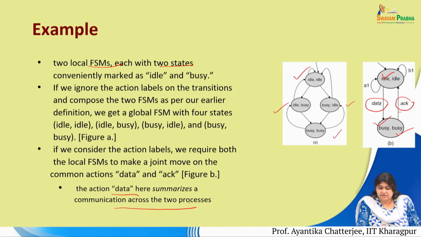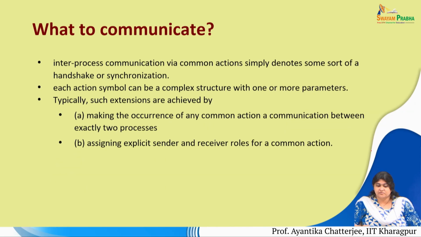So, when this data is coming, from idle to busy state, there is a general state change. We need to understand, when we are validating the communication part of the FSM, what we are communicating, what to communicate.